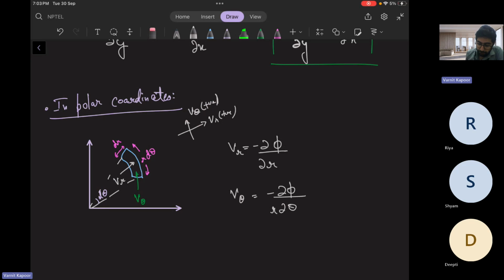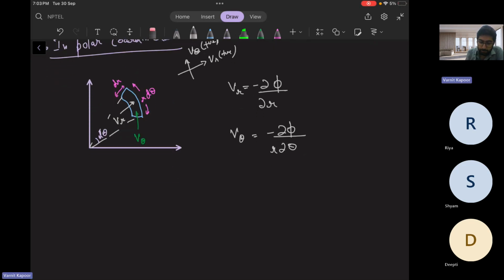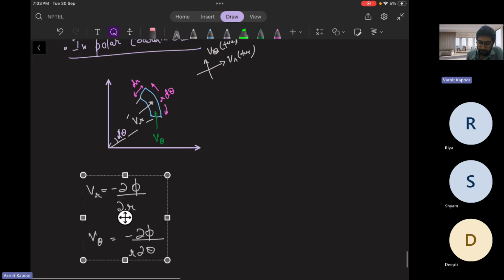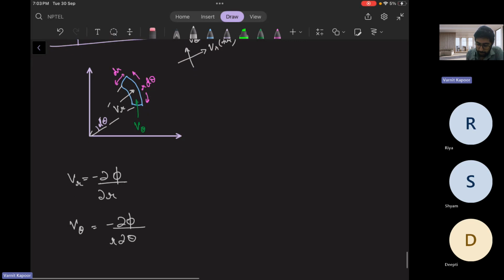Whereas in terms of stream function, let me write them here itself. In terms of stream function, my VR is minus dou psi by r dou theta, and V theta is dou psi by dou r.